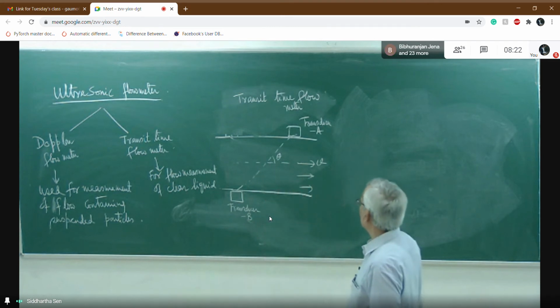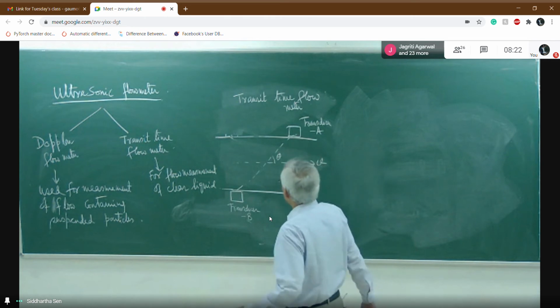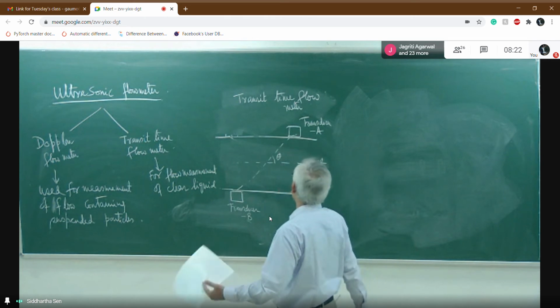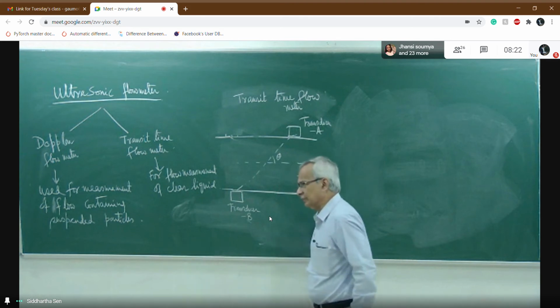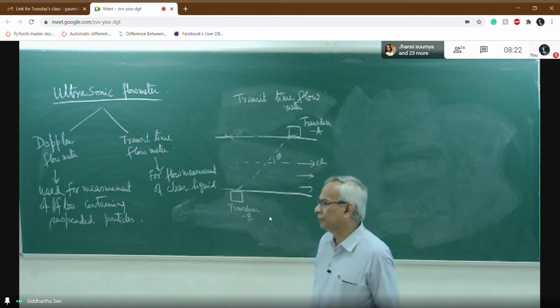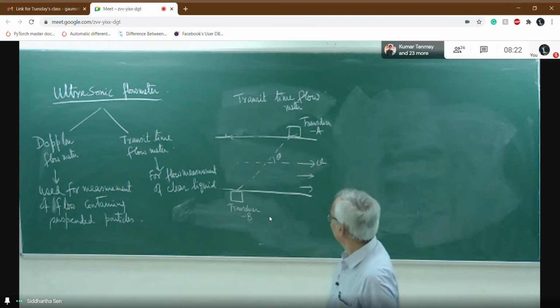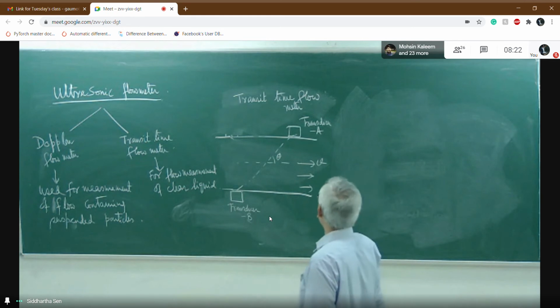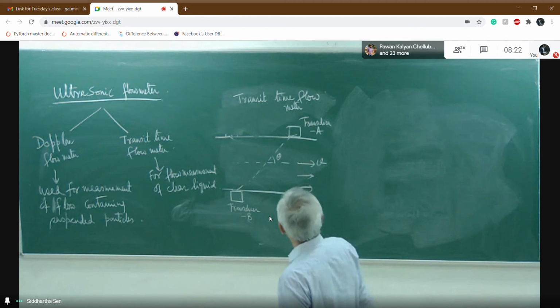So the two transducers you are using can both work as a transmitter as well as a receiver, depending upon the type of signal you give.